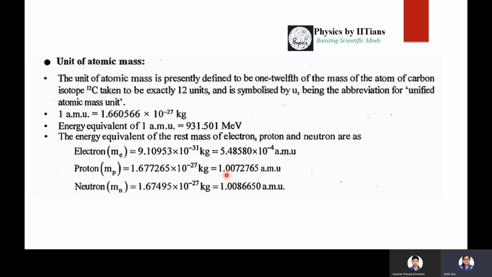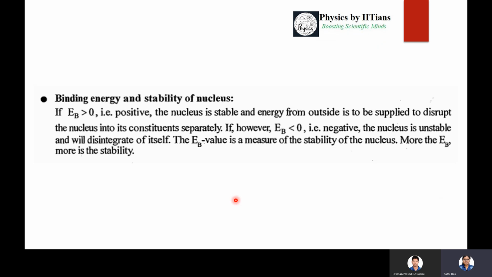In AMU, it is 1.0072 AMU. For the neutron, it is 1.67495 into 10 to the power minus 27 kg, which is 1.008665 AMU.